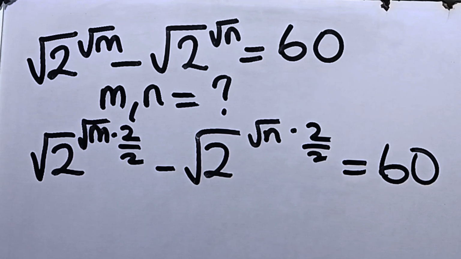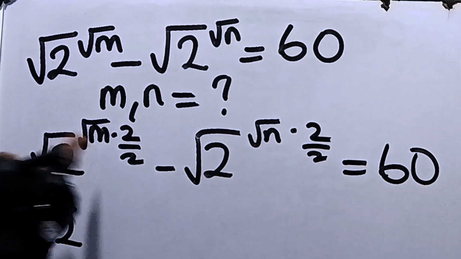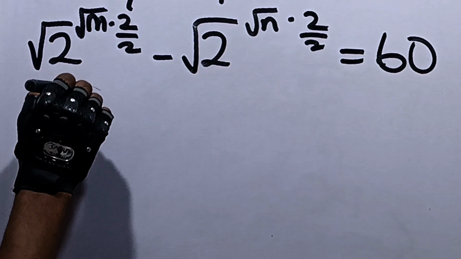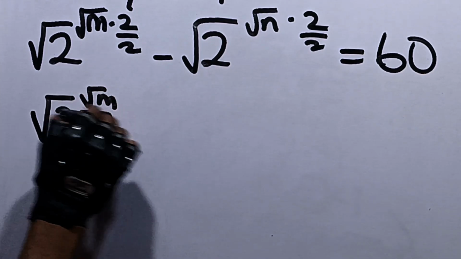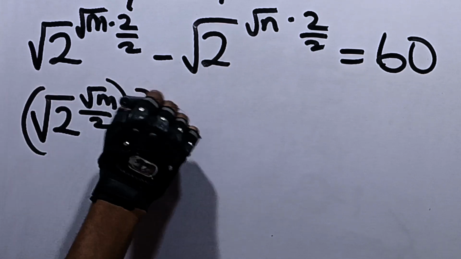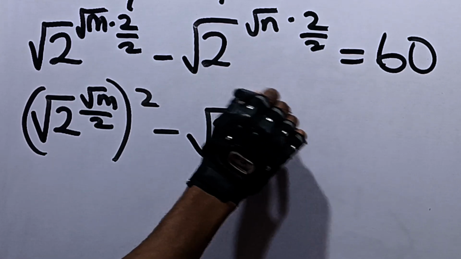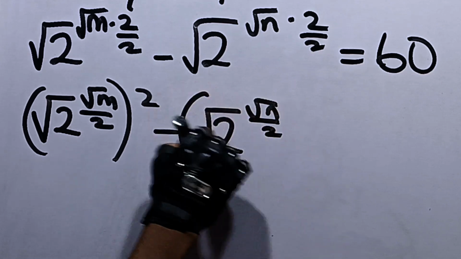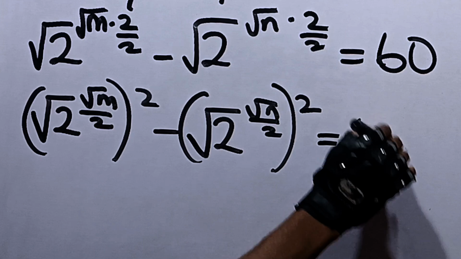Now from here, this can be expressed as root of 2 raised to power root of m over 2, all raised to power 2, minus root of 2 raised to power root of n over 2, all raised to the power of 2 again, is equal to 60.